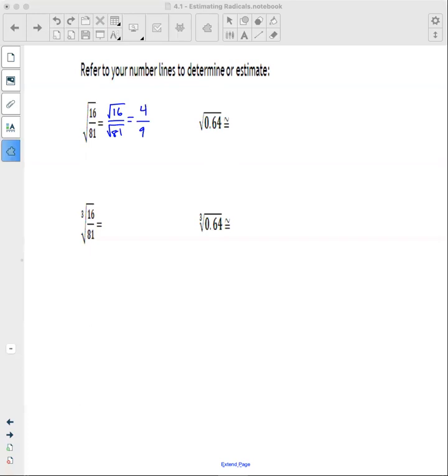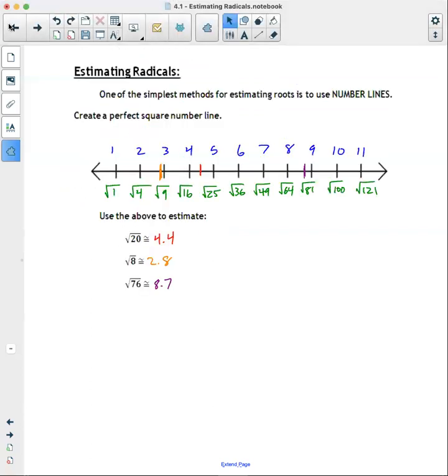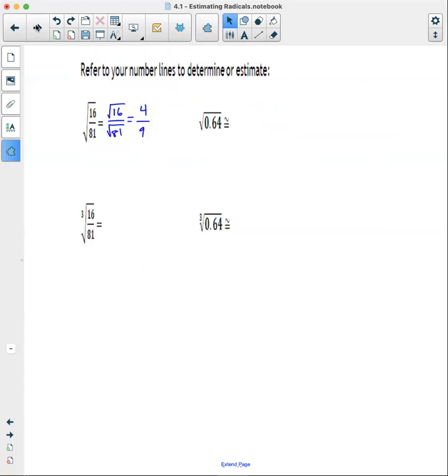So the square root of 0.64. So if we jump back to our number line, let's use our number line for that one. Definitely going to be less than 1. But let's go ahead and simplify this like we did earlier.